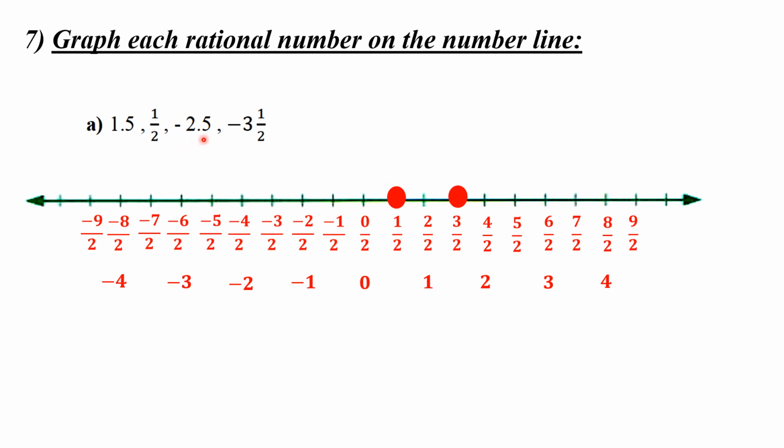Negative 2.5 on the left, we will move till negative 2, and then we move one more step, and we get negative 2.5 or negative 5 over 2. Negative 3.5, we will move to the left till we reach negative 3, and then we move one more step to the left, and we get negative 3.5.